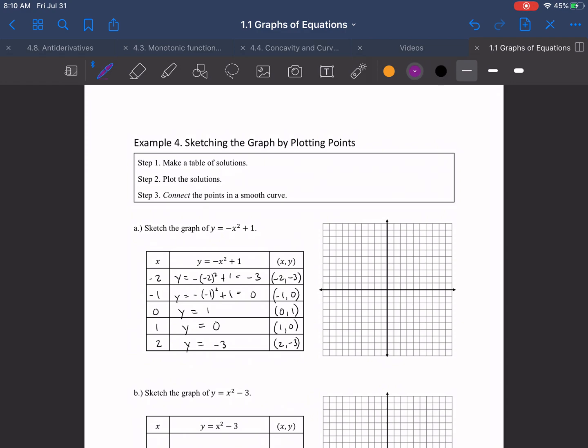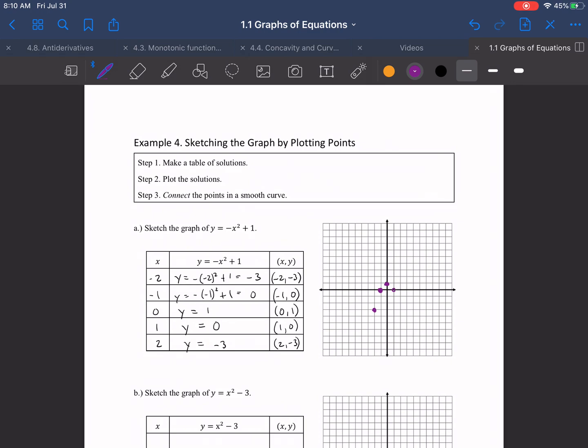If we come along and graph these points, plot them out, we get the point negative 2, negative 3, that goes right there. We get the point negative 1, 0, that goes right there. We have the point 0, 1, that goes right there. Oops, I messed this point up. It was negative 1, 0 right there, sorry. Then we have the point 0, 1, which we'll put right there.